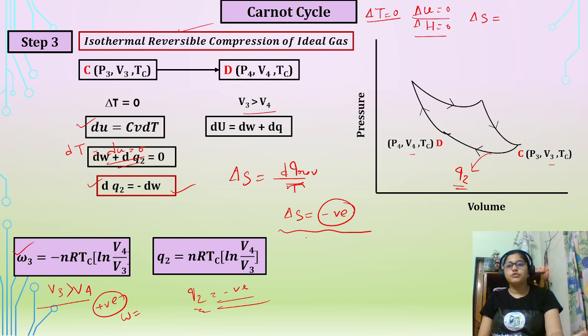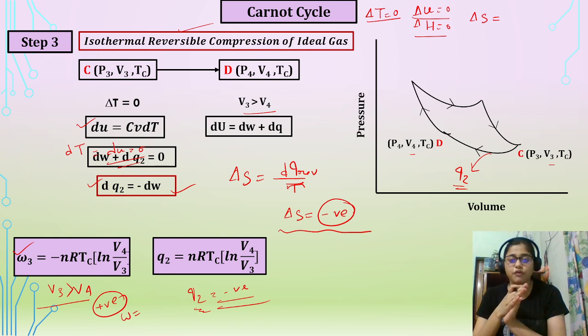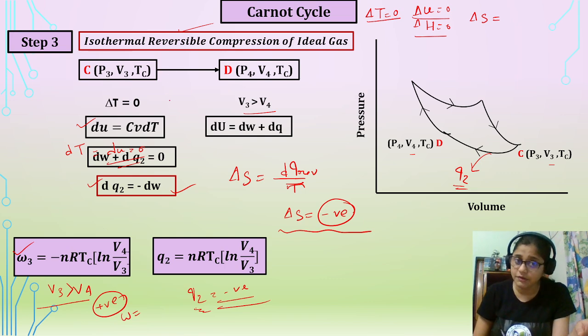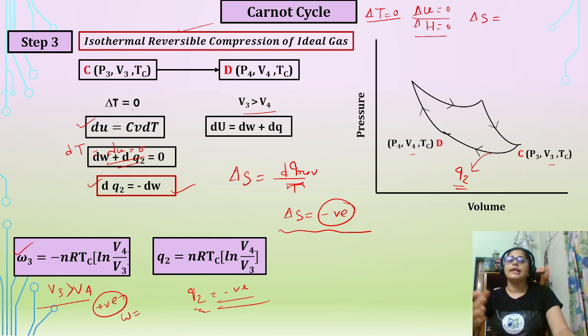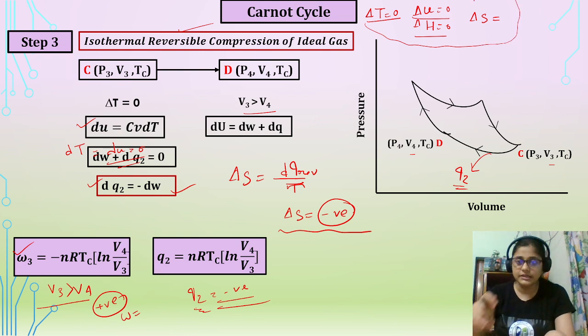These are important things. You don't have to remember anything, you just have to remember what step 1 is, what step 2 is, and what step 3 is, and you have to have the idea about the work formulas and how we can relate them. The thermodynamic first law is important here, and dq equal to Cv dT and dH equal to Cp dT. If you know these kinds of things, you can have the idea about all these parameters.